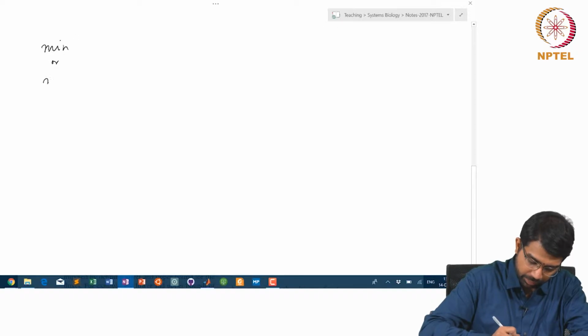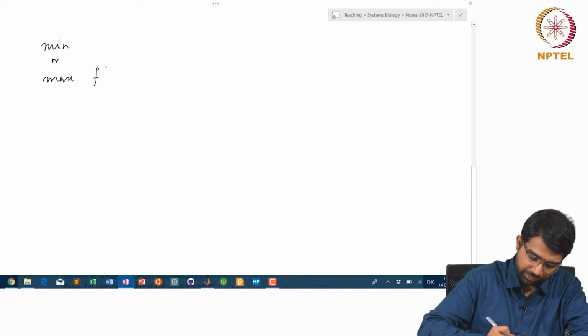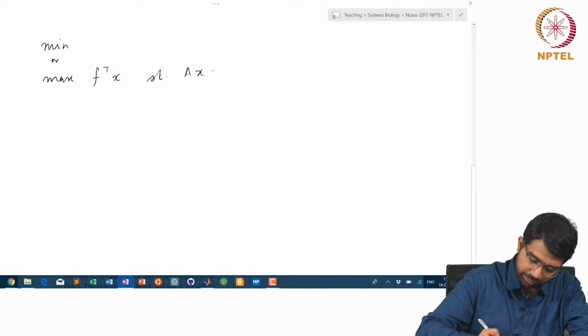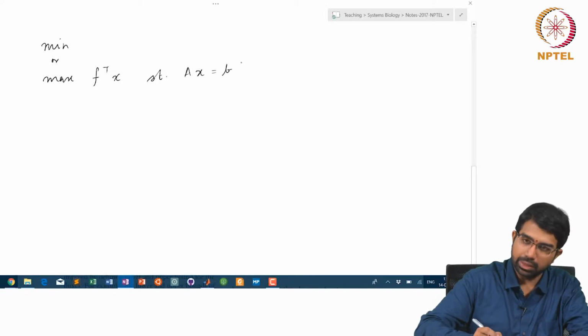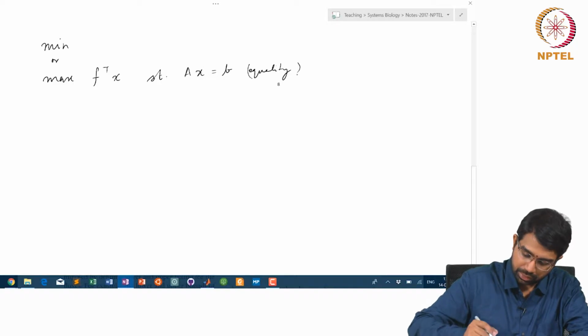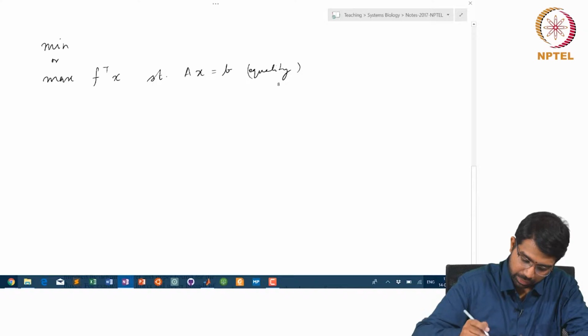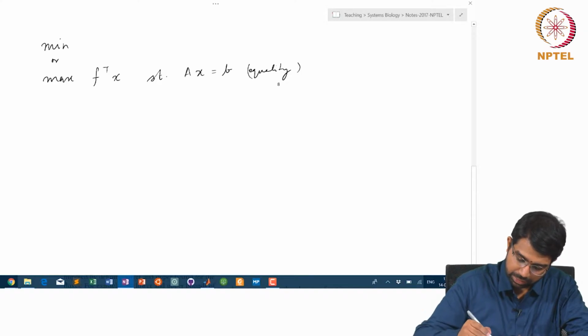Minimize or maximize f transpose x such that Ax equals b. This is what we would call an equality constraint. You can also have inequality constraints.